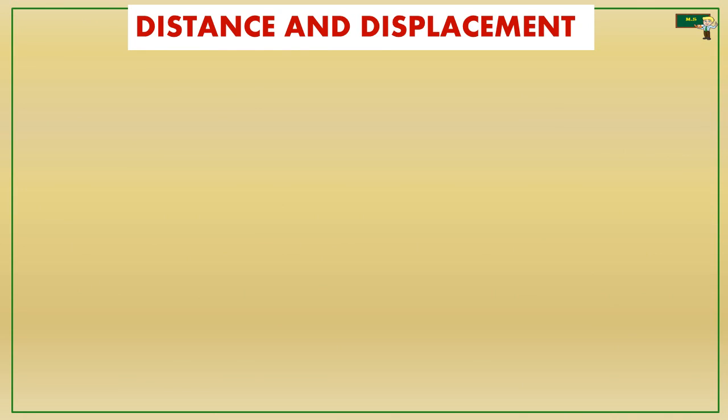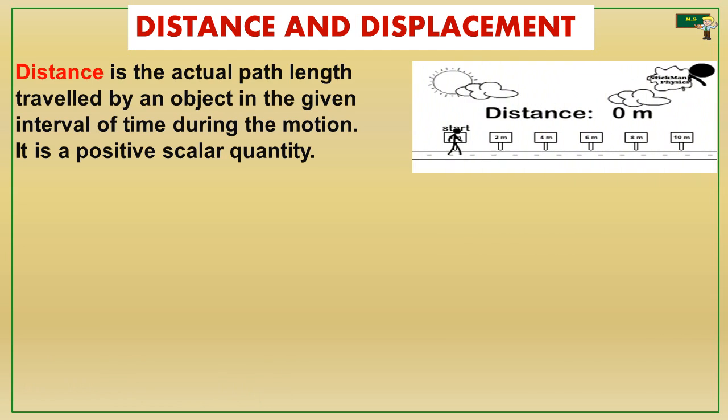Let's see the distance and displacement. Usually in your lower classes you would have learned about distance, and not much more than that, but let me explain in a slightly different way. Distance is the actual path length travelled by an object in the given interval of time during the motion, and it is a positive scalar quantity which does not have any direction.